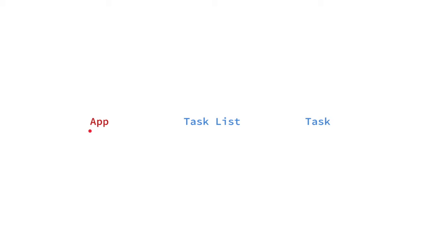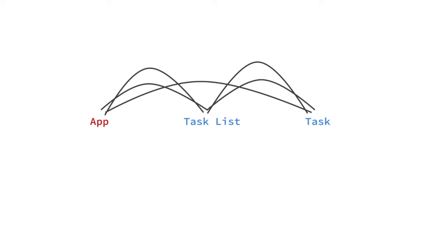So in our React application, the app was above the task list component, and the task list component was above the task component. But in frameworks such as jQuery and AngularJS, this was not the case. So whenever you tried to update something that was contained in the app component, you had to manually update the task list component and sequentially manually update the task component, which made communication between different modules or components on a web page really cumbersome to handle and made the code look really ugly.